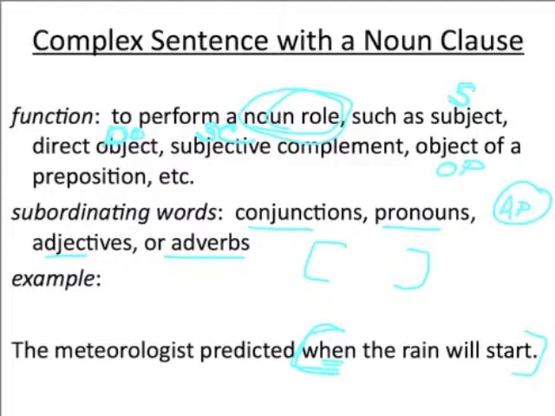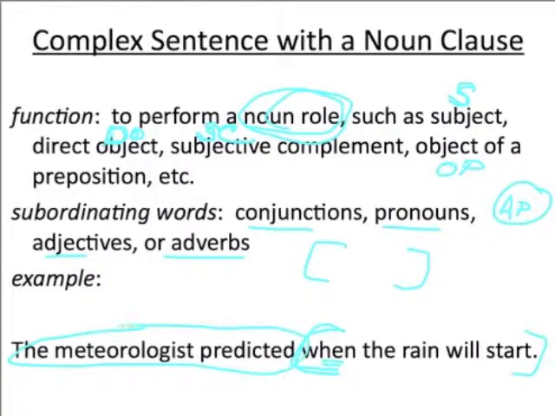We couldn't say, when the rain will start, comma, the meteorologist predicted. That doesn't work. And another thing we can see is that, again, with an adverb clause, remember we can very often remove the adverb clause and still have an independent clause that makes sense. Here, if we do that, we're just left with the meteorologist predicted.